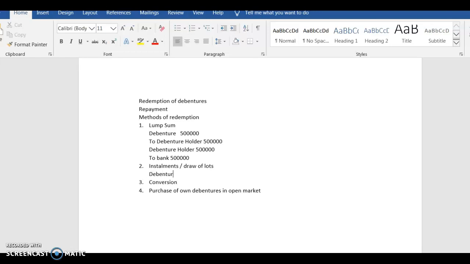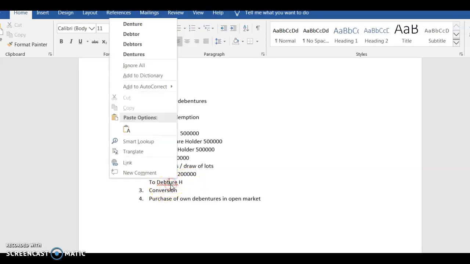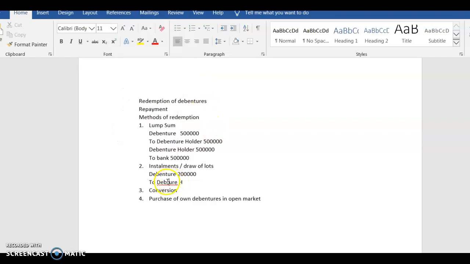So let's say that for the first year, the entry that you're doing is debenture to debenture holder, and then debenture holder to bank. This is the first year's entry.